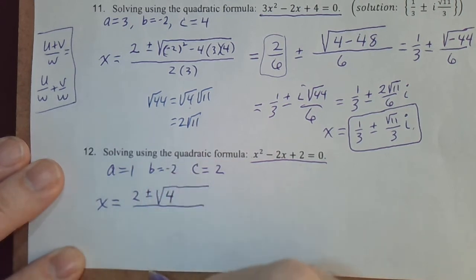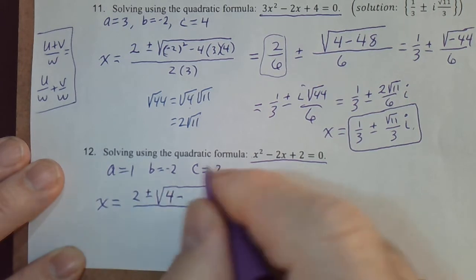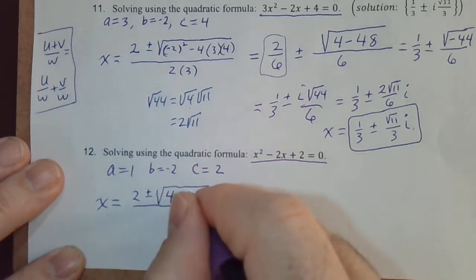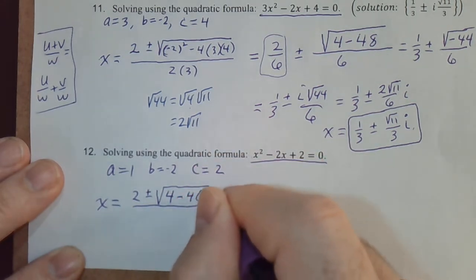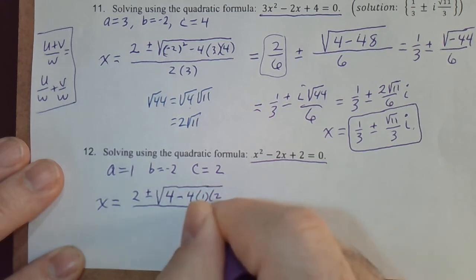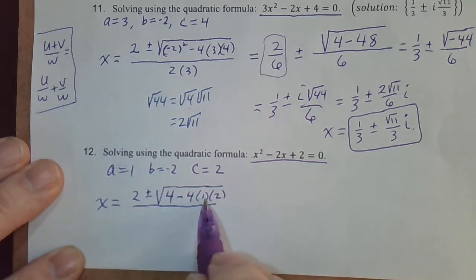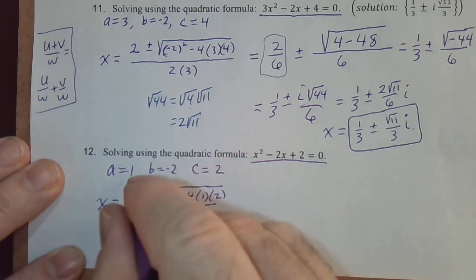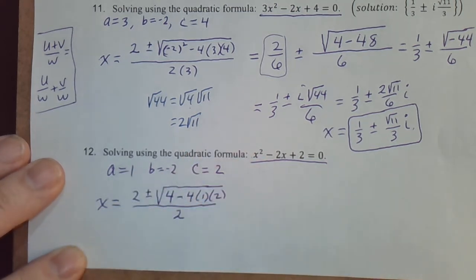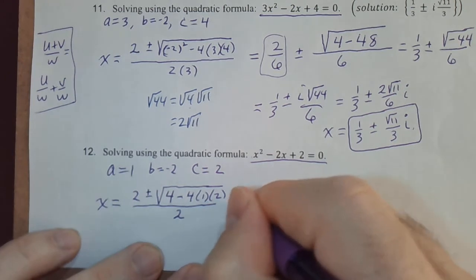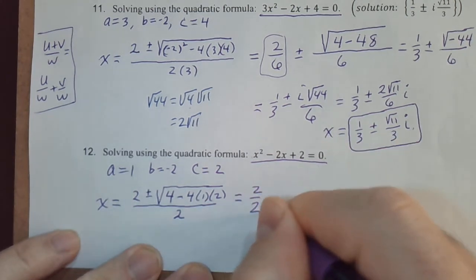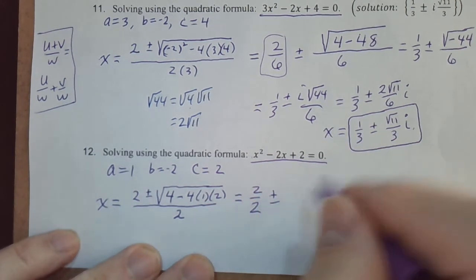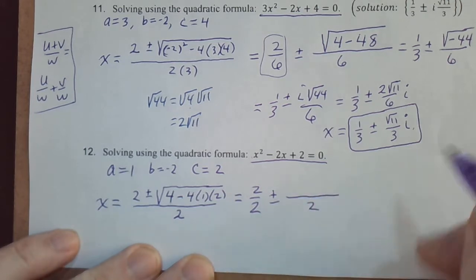Negative 2 squared is 4. Minus 4ac, 4, 1, 2. All over 2a, and 2 times a is just 2. 2 times 1 is 2. So moving to the right, I'm going to get 2 over 2 plus or minus the big radical over 2.